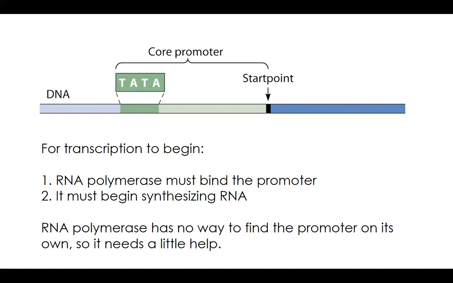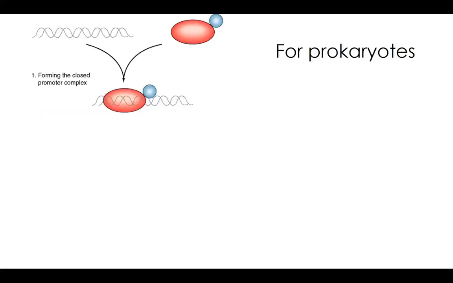So that means it's going to need a little help. We're going to talk about two examples, one from prokaryotes, which is the more simple example, and the second one for eukaryotes, which is often the one we tend to care more about on the front end. So let's talk about some prokaryotic transcription.